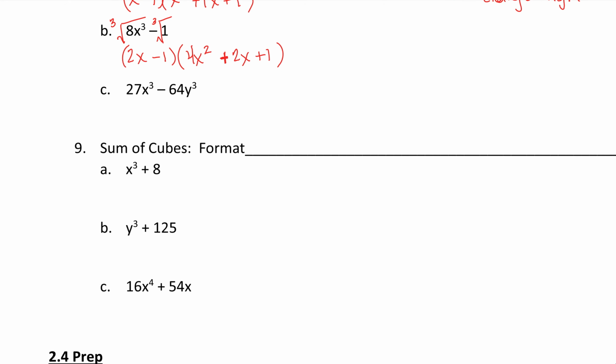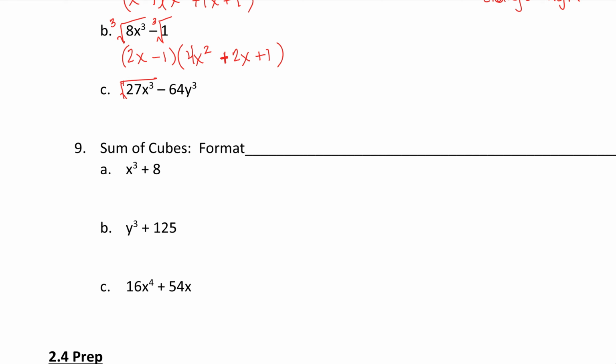Okay. Part C. I look at it and I go, okay, I have 27x cubed and 64y cubed. Before I do anything, I'm going to see, do they have anything in common? So I'm going to double check in my calculator to make sure that 3, which goes into 27, does not go into 64. And then I'm going to figure out, can I take the cube root?